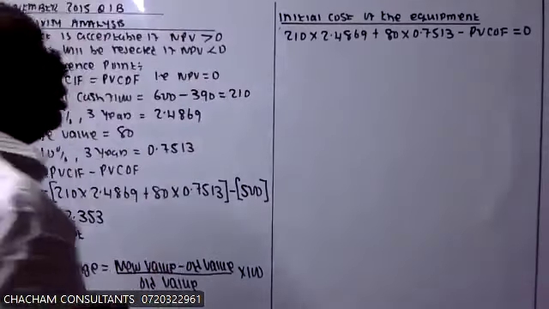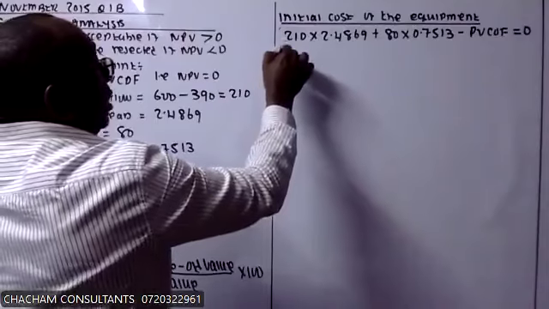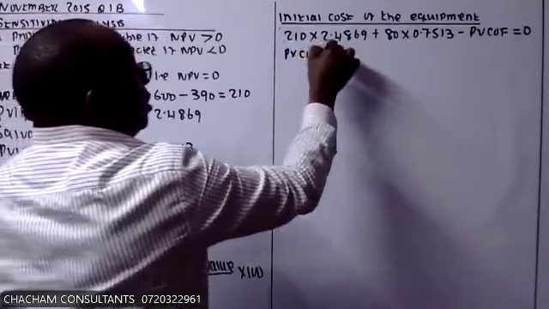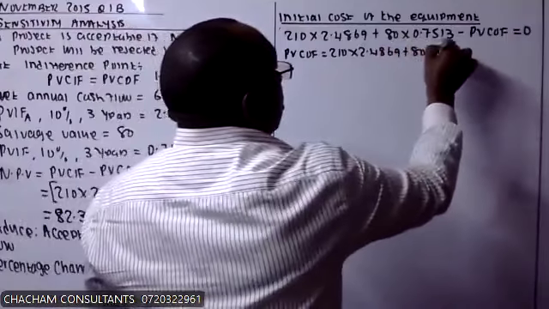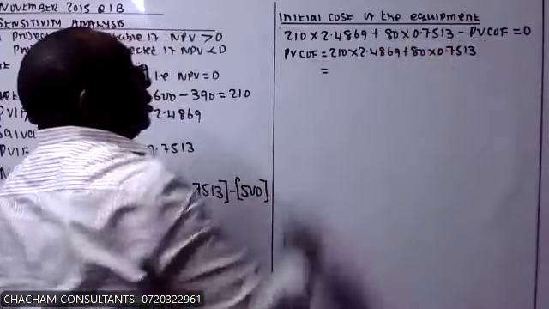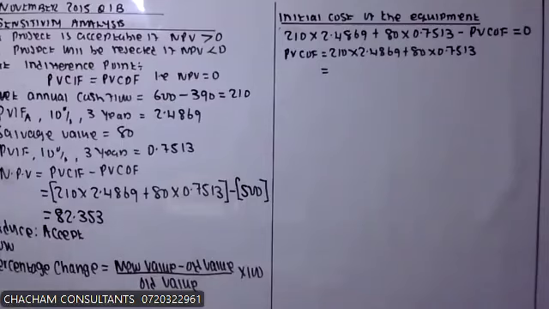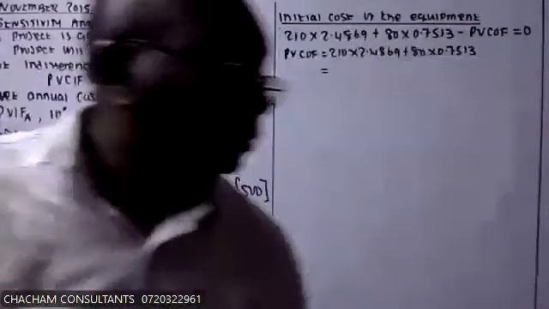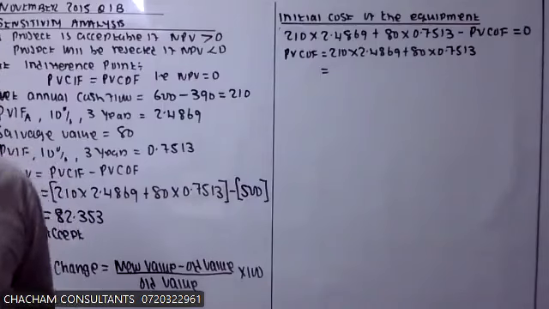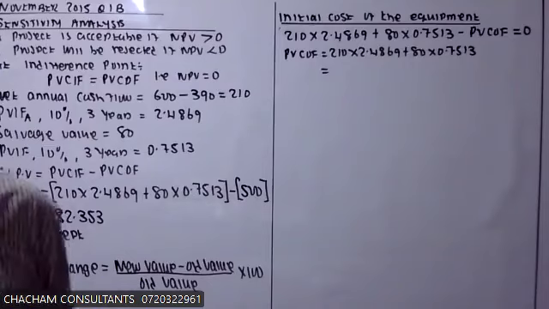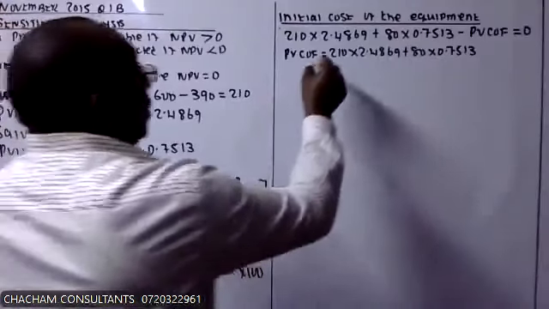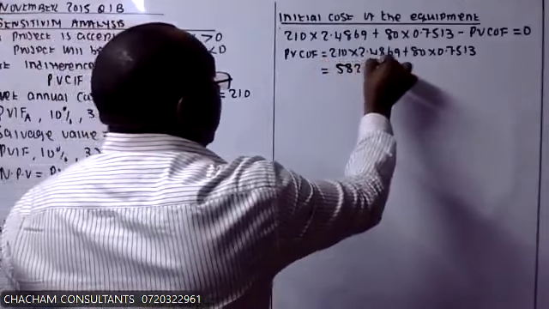So we now solve and say the present value of cash outflow should be equal to 210 times 2.4869 plus 80 times 0.7513, which is 582.353.